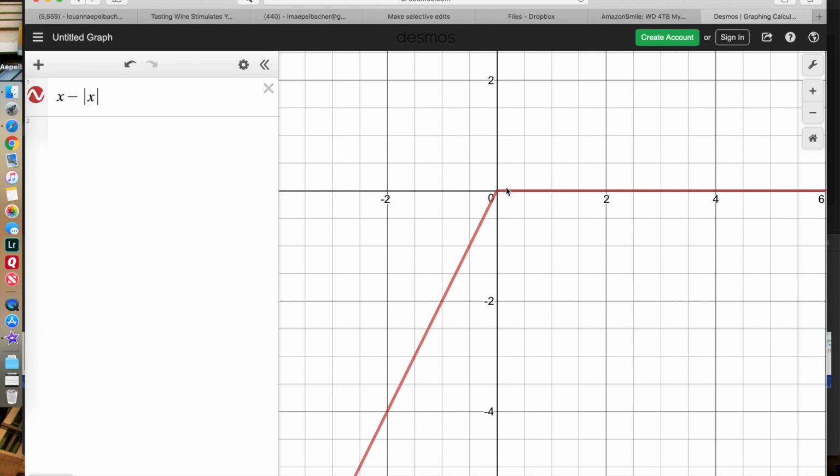Thus, it doesn't have point symmetry about the origin, because if you rotate this 180 degrees, it won't end up looking exactly the same. And it also doesn't appear to have line symmetry across the y-axis. And so I would say that this function is neither even nor odd.